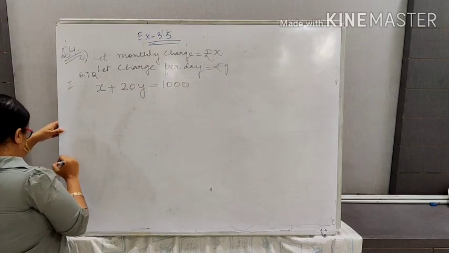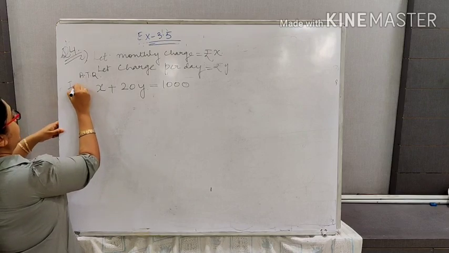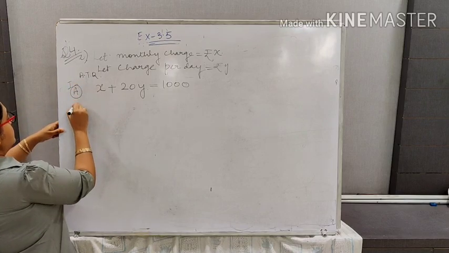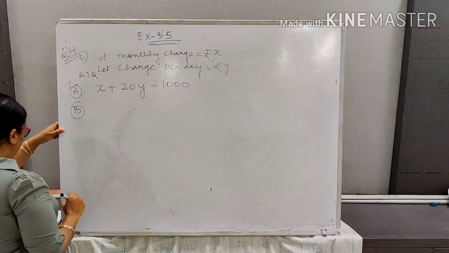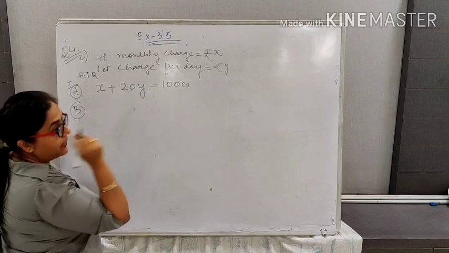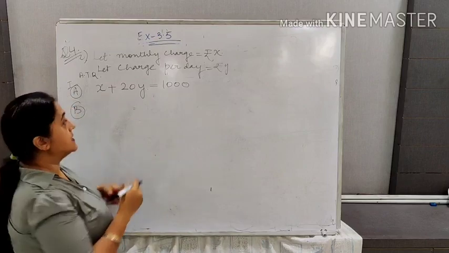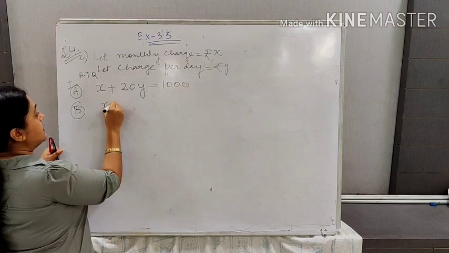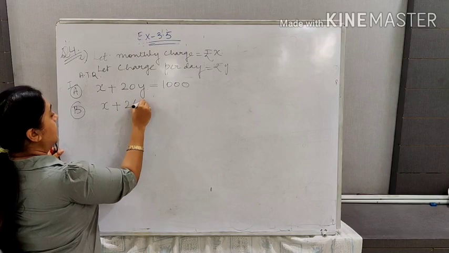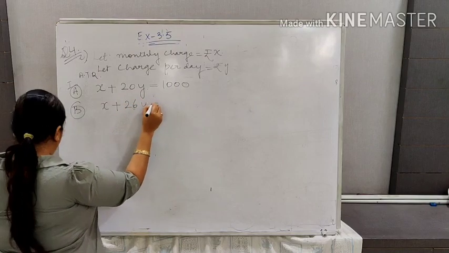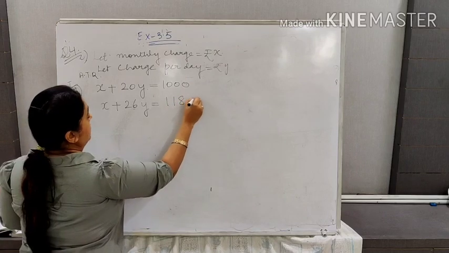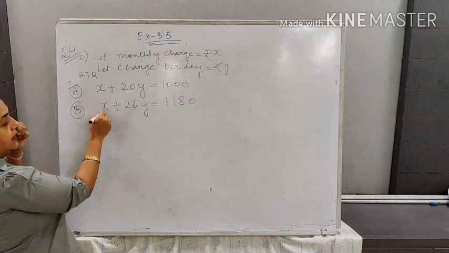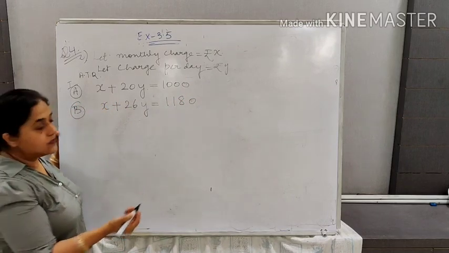Similarly, when I talk about the second condition, स्टूडेंट A की बात करी थी हमने और सेकेंड स्टूडेंट B की अगर हम बात करते हैं तो he took food for 26 days. Again here it is x और यहाँ 26y is equal to 1180. Again please check coefficient of x is same, that is 1.